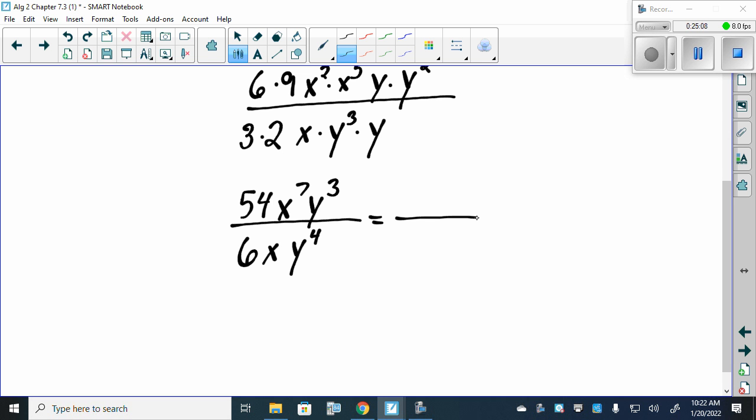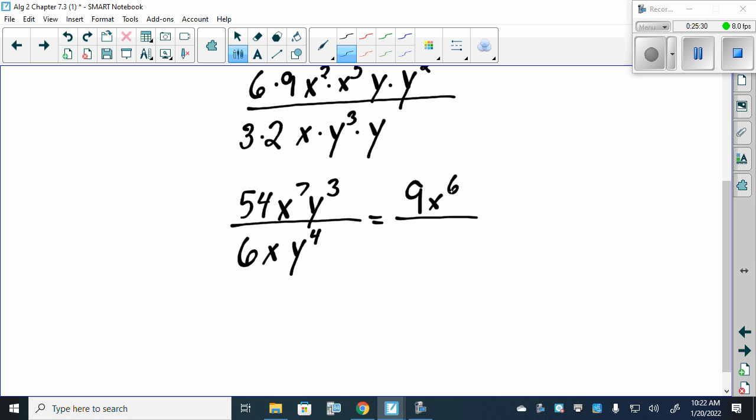Now we can simplify. We can see what 54 over 6 simplifies to, which actually simplifies to 9. X to the 7th over x, well, we can subtract the exponents. 7 minus 1 is 6. Bigger exponent is on top.